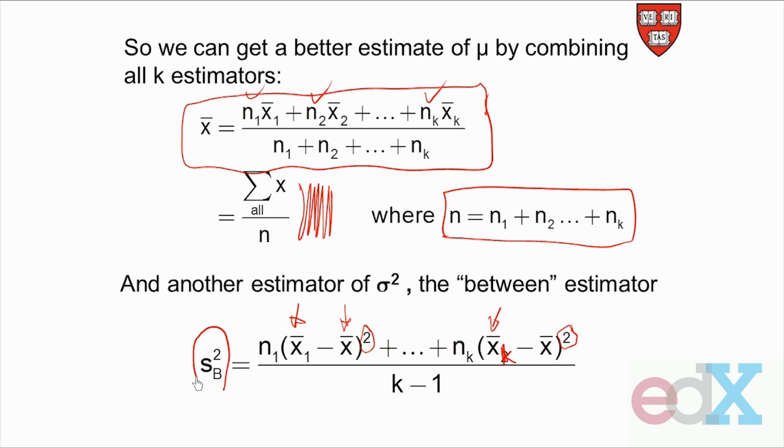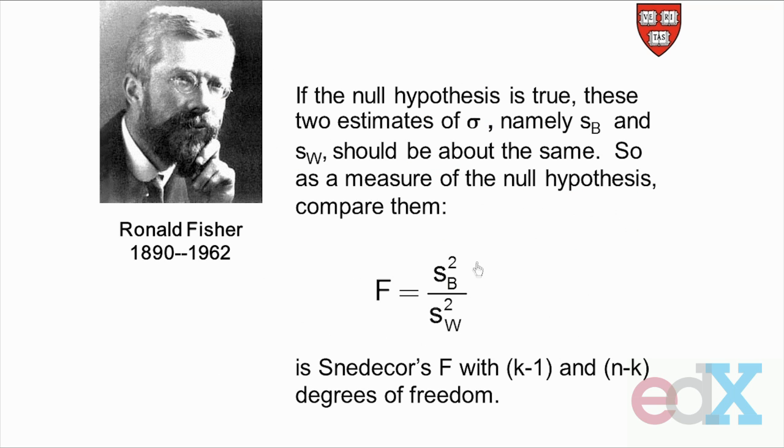Here is another estimate of the variance. We'll call this the between estimator. It's gotten by comparing the x bars. And the genius of this all now is just to compare those two, the between and the within, which we call sums of squares. So compare the between and the within estimators of the variance, the mean squared error, actually.